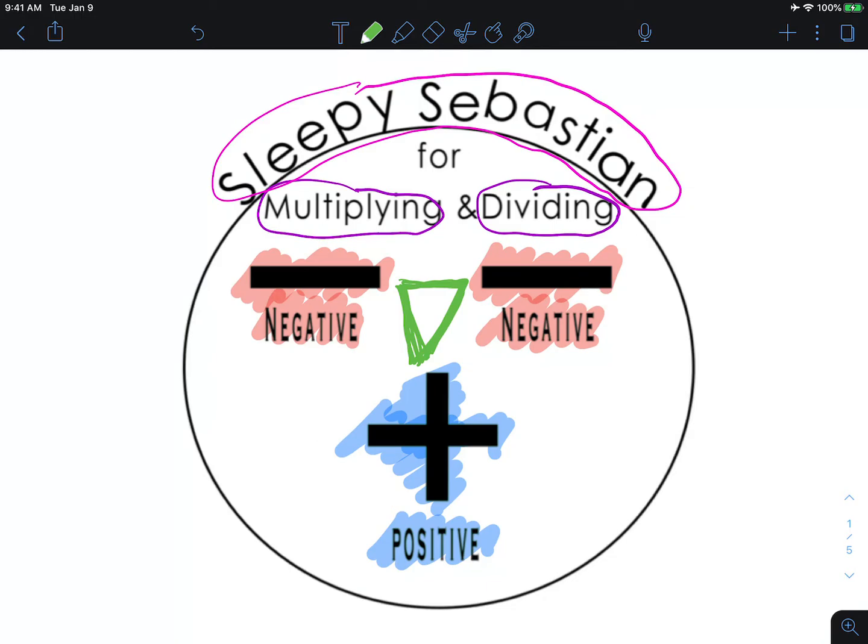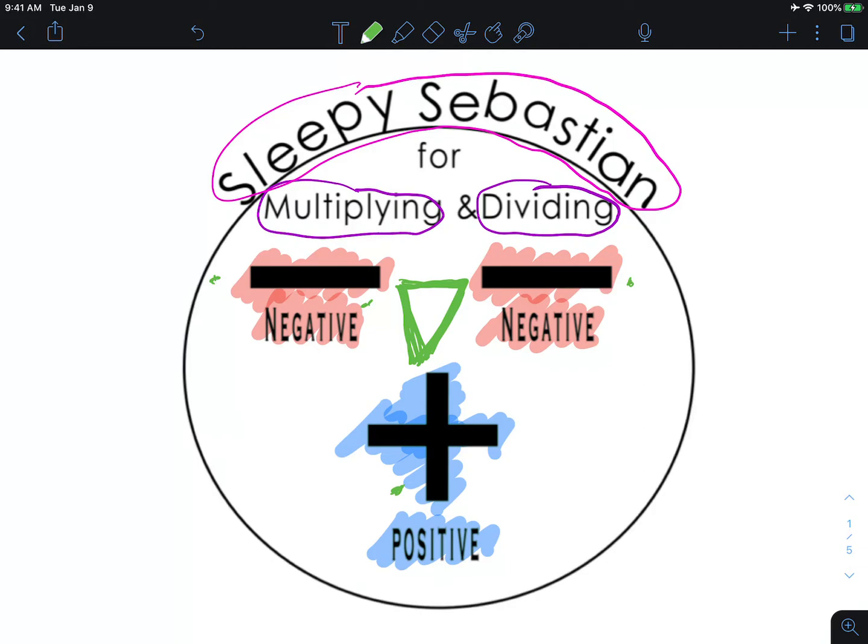right? So we'll start here, negative times negative. So we form the triangle from there to there to there. Negative times negative is positive. Right? So if we start here, negative times negative is positive.